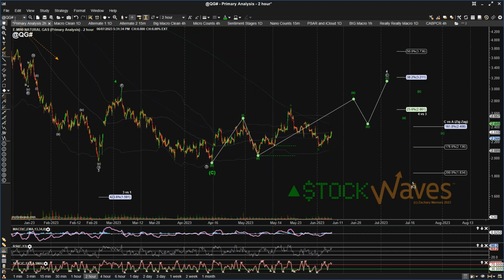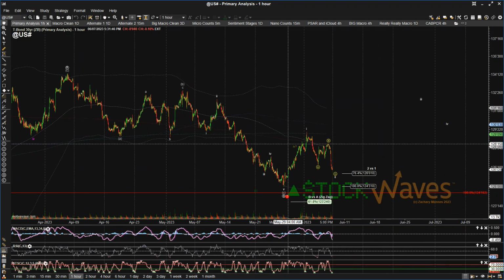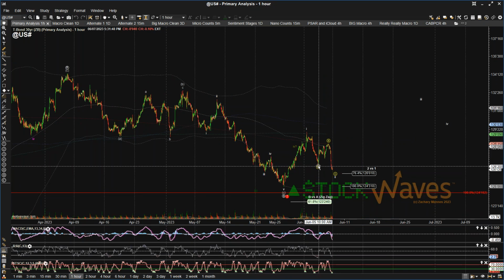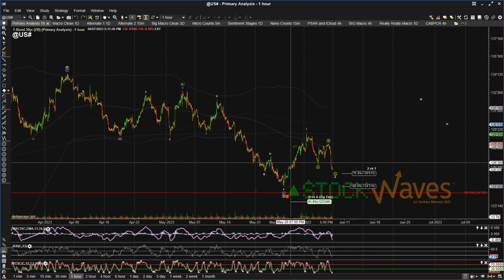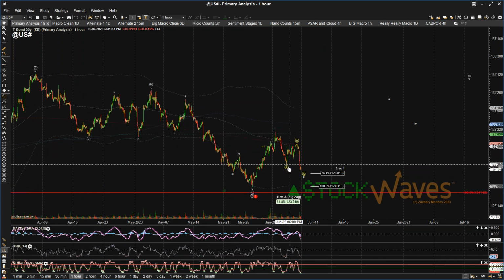Rob says, what did I mean earlier today when I said GDX was getting affected by bonds? Well, it's a good time for us to switch over and take a look at the U.S. Treasuries. So U.S. Treasuries looked great as an initial move off of this May 26 low as a 1-2 start.